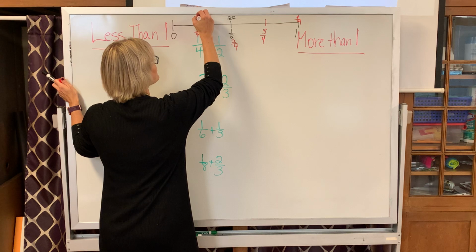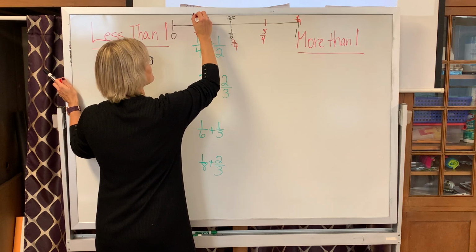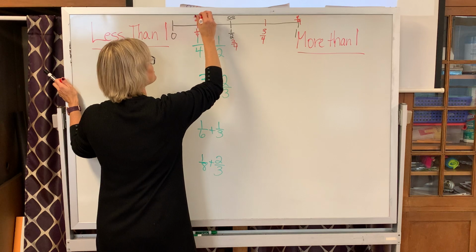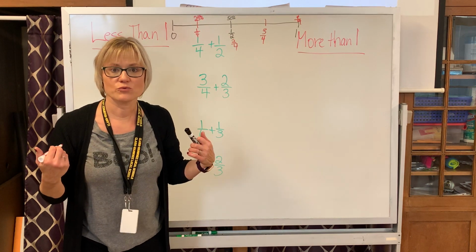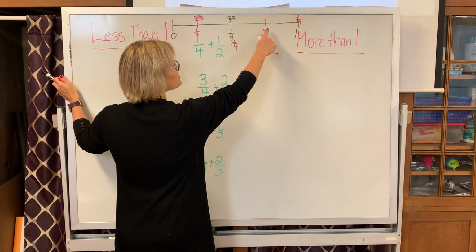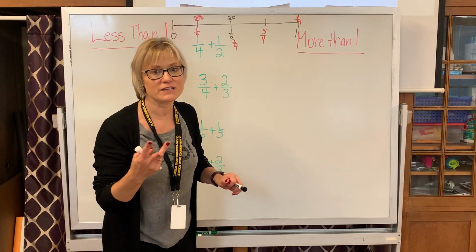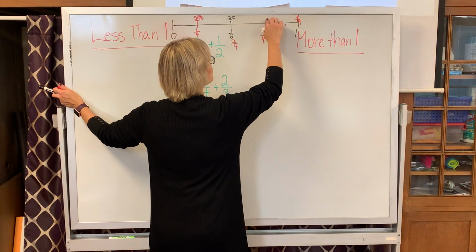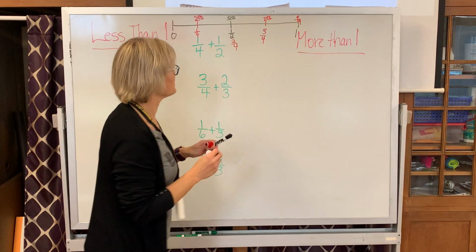So we could write it as 25%, or 25/100ths, if we wanted to write that in decimal form. Then we could write this as 50%. This would be 3/4, which would be 25, 50, 75 cents, or 75% of $1.